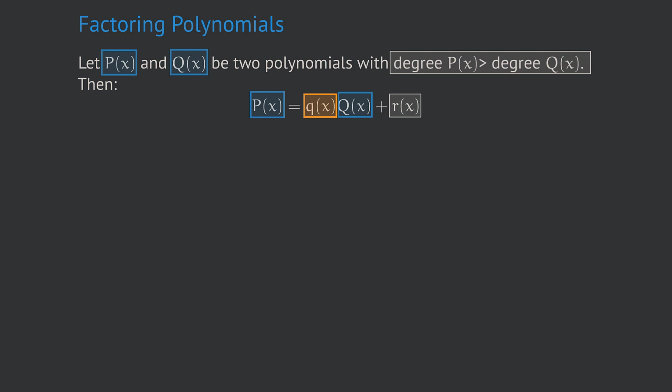For now, let's look at the special case that q of x is a linear polynomial. That means a polynomial of degree 1. That means q of x can be written as x minus some number a. Very simple polynomial.